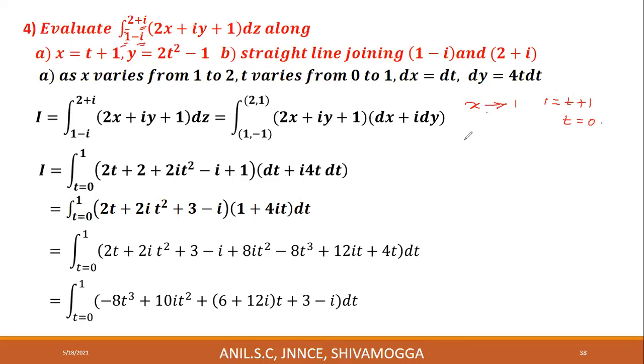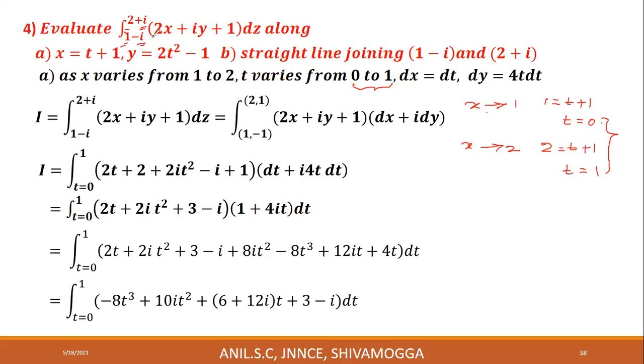Next, the upper limit: as x tends to 2, 2 is equal to t plus 1, or t is equal to 1. Therefore, t takes values from 0 to 1.